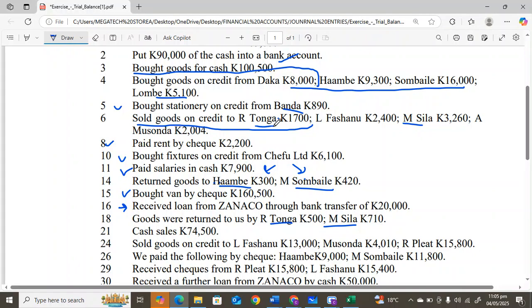When a customer brings goods back, what do we call that? Sales returns.